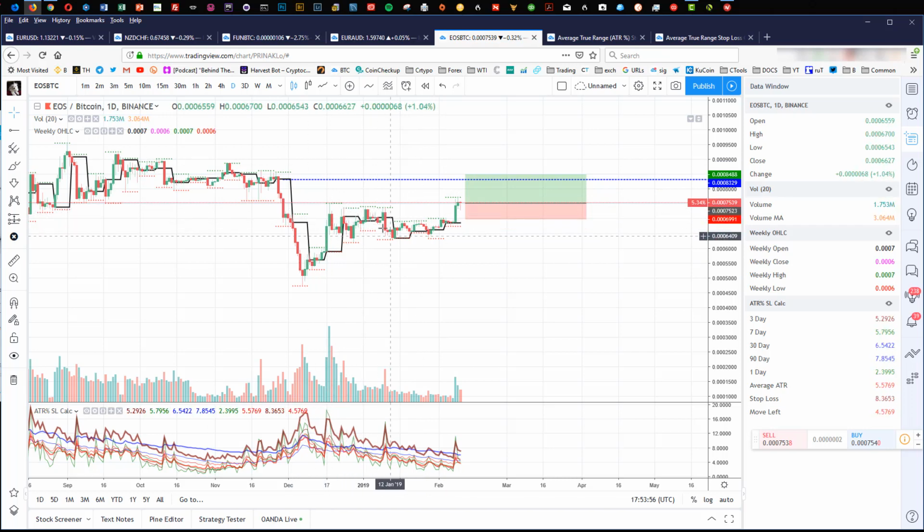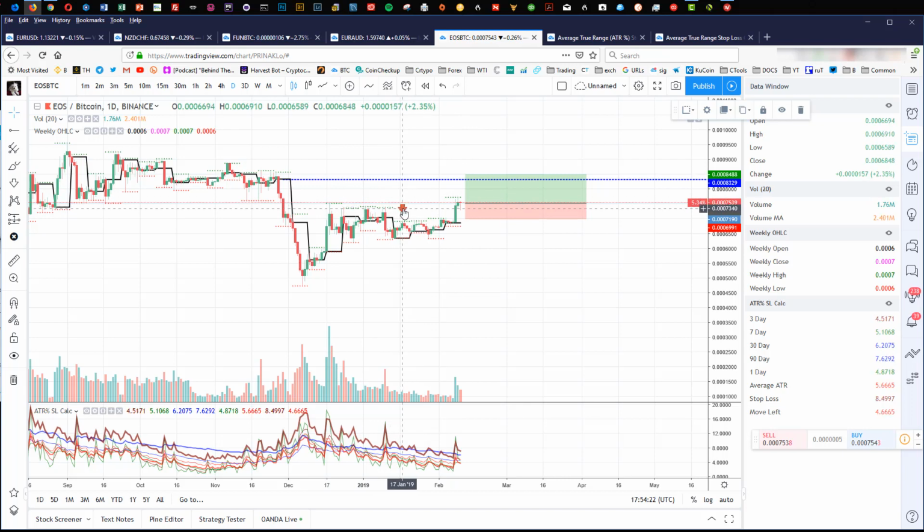Now, if you saw my previous video, you see here that there's a series of weekly highs right here, and a series of weekly opens right here that could be used as support. So that could be one argument that entering a trade right now on EOS gives it enough room to find support at multiple levels.